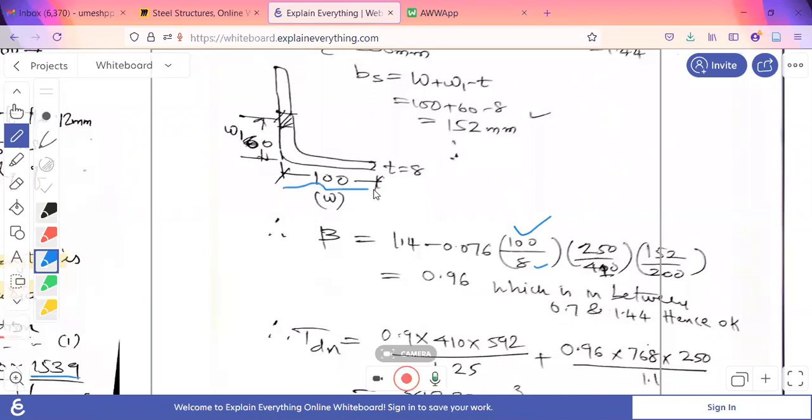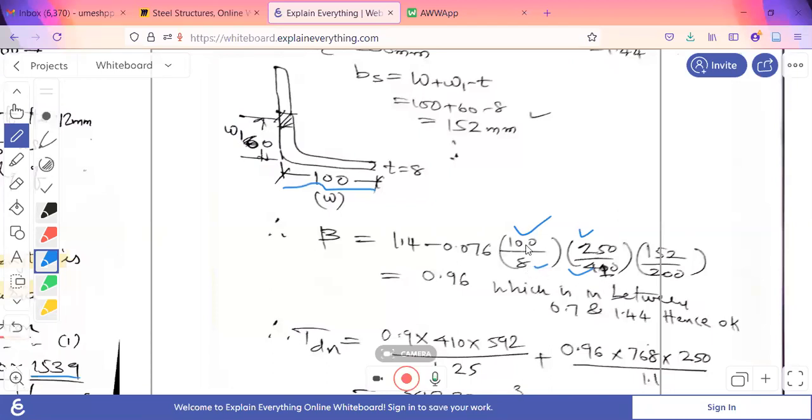That is, what is that? Size of the outstanding leg, W, that is 100, and the thickness is 8. Okay. Then Fy by Fu, it is 250 by 410.